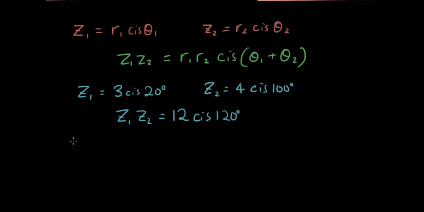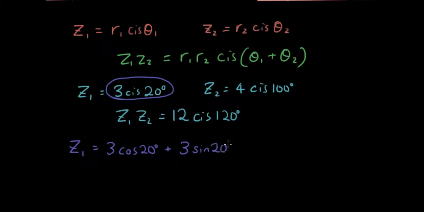So Z1 is equal to, as you guys know, 3 cis 20 means the same thing as 3 times cos 20 plus 3 times sine 20 i.